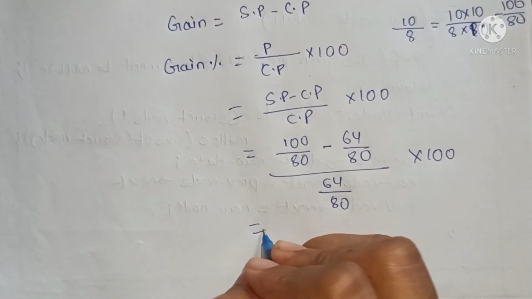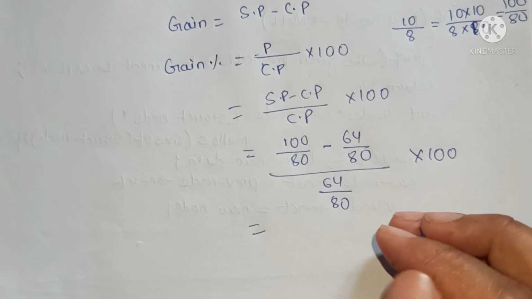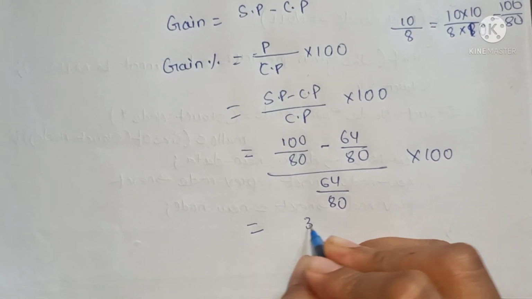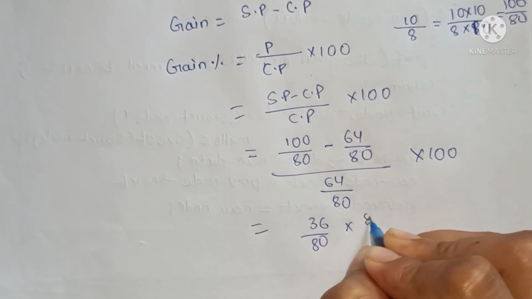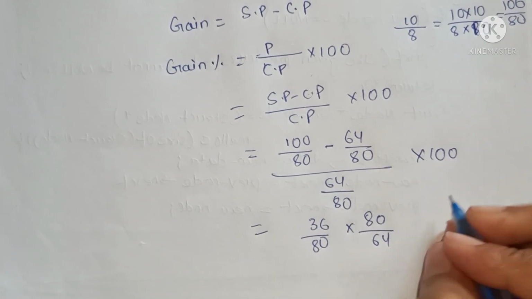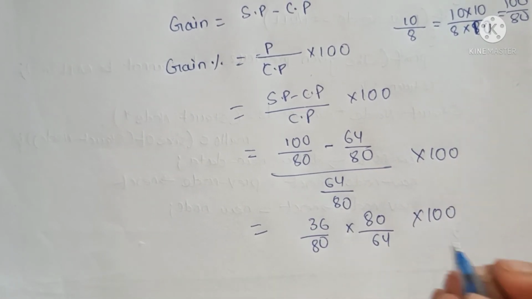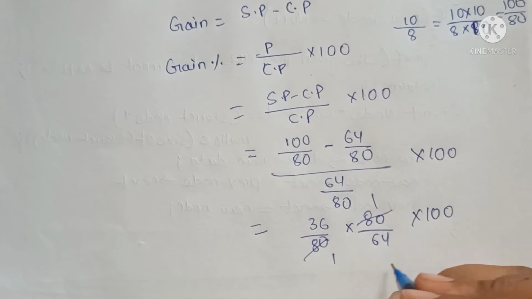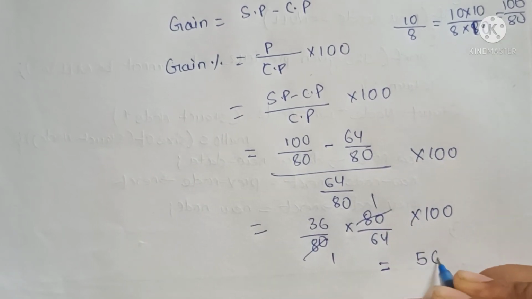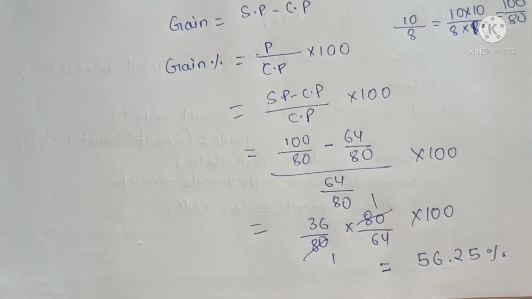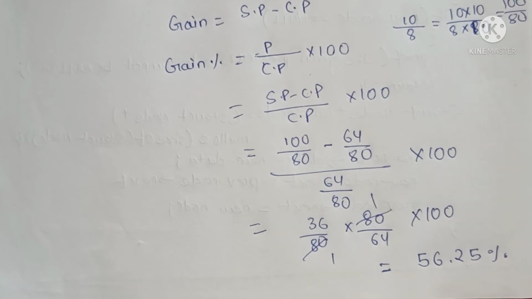If we subtract and solve it, we will get 36 by 80 into 80 by 64. This will get reversed into 100, and if we cut it, we will get 56.25. So this is our gain percentage.